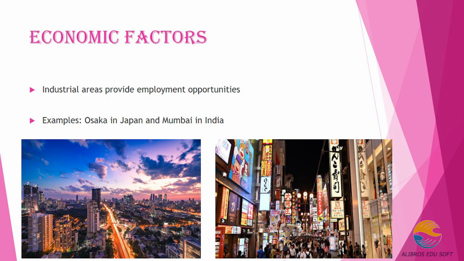It is a cyber city. The most evolving factor, that is the IT sector, has more importance in these regions. Other examples of economic regions are Osaka in Japan and Mumbai in India, which are two densely populated areas.